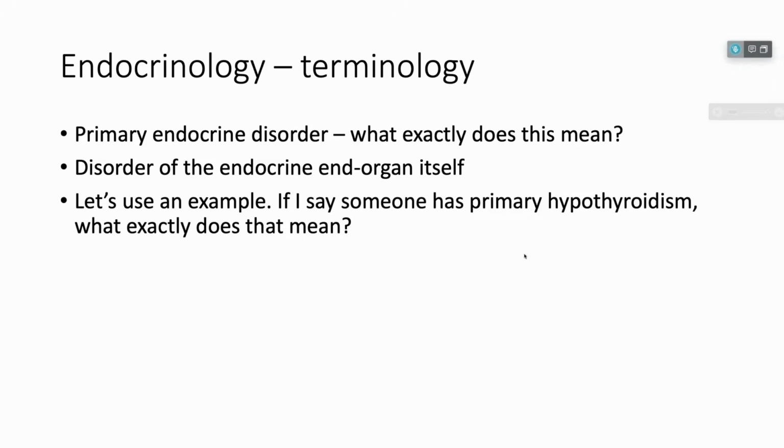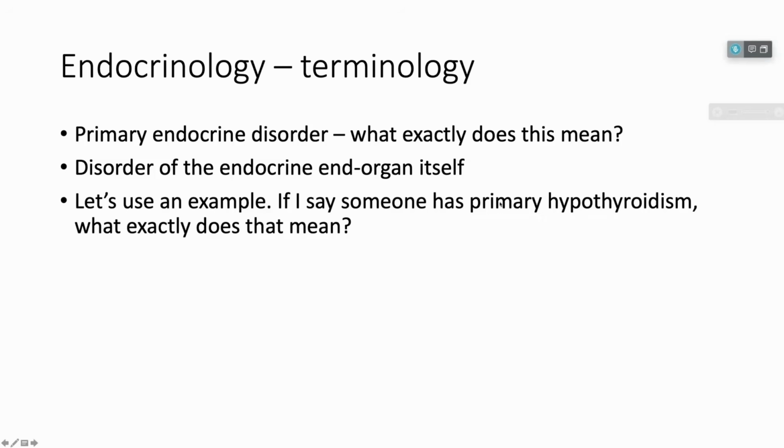The end organ in hypothyroidism is the thyroid gland. So if it's primary hypothyroidism, where is the problem? It's in the thyroid, so you'd have a decrease in thyroid hormone. Perfect, exactly. In other words, it's not a problem in the pituitary or the hypothalamus. Okay, I understand.